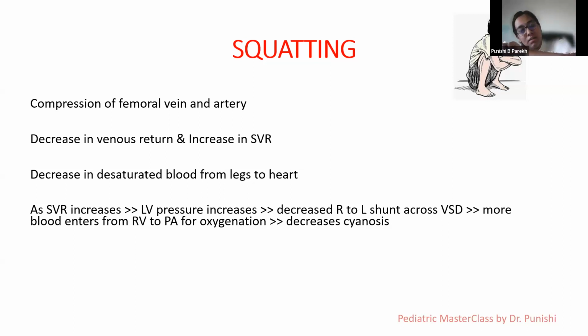So your femoral artery pressure increases, your aorta pressure increases, as a result of which your LV pressure increases. So that's the reason why you have increased systemic vascular resistance, or basically increased blood pressure. It all starts with the fact that you have compression of the femoral artery and the pressure gets transmitted backwards.